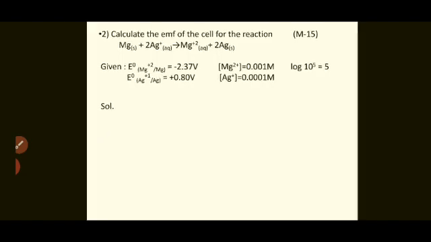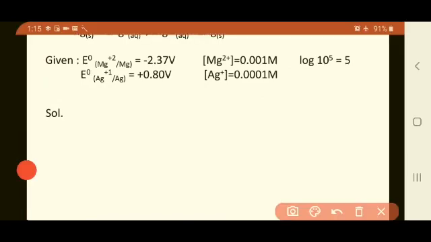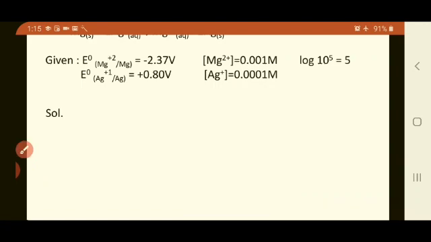It is 0.001, so in power of 10 form, it will be 10 to the power minus 3 for the first one, and for the second one it will be 10 to the power minus 4, right? So by taking these values, we will solve the problem. Let us see the solution.